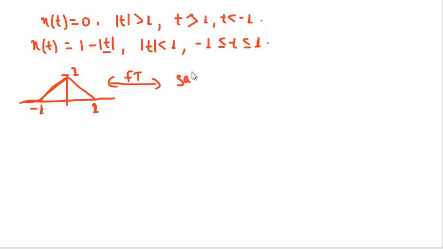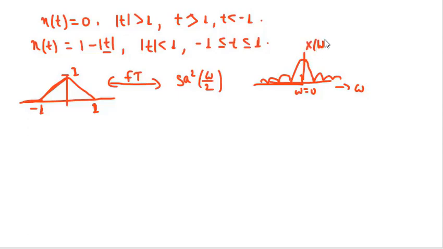As we discussed, the Fourier transform of this signal is the sampling function squared of omega by 2 when A equal to 1 and T equal to 1 in a generalized triangular function. When you plot this sampling function, it will be a sinc function, this is at omega equal to 0, this is your omega axis, and this is your X of omega.